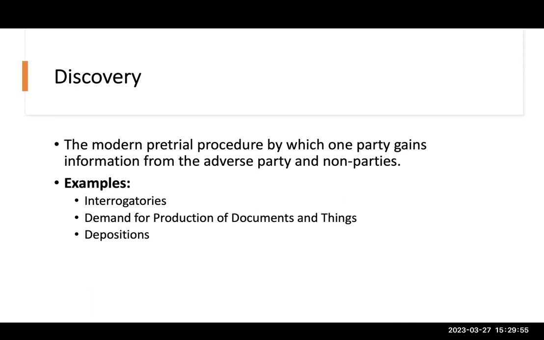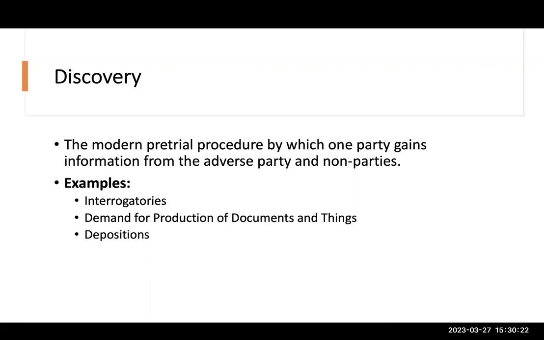Demand for production of documents and things is a procedure between parties to a lawsuit, whereby they demand the production of documents, physical things, and increasingly electronic files.